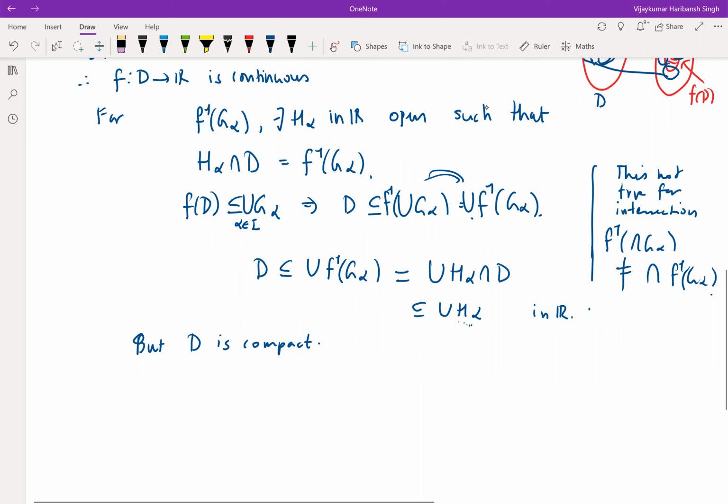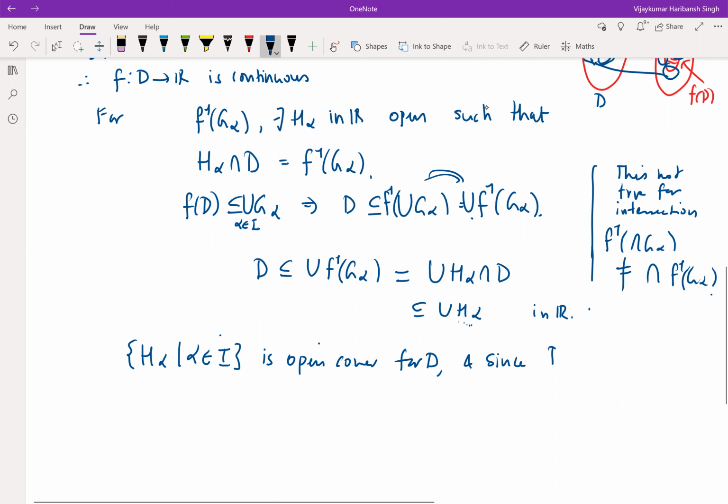Let me write that down as well. So we have H alpha, alpha in I, is an open cover for D, and since D is compact, it admits a finite subcover.